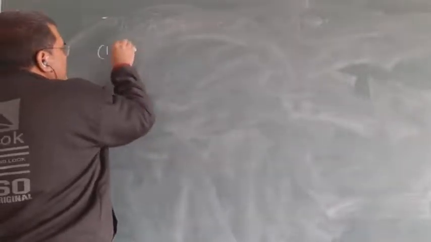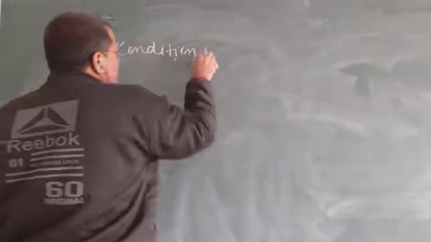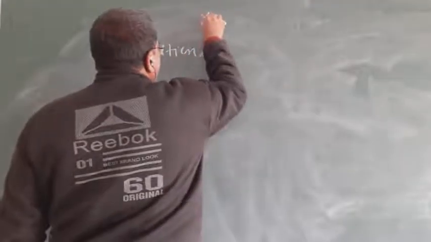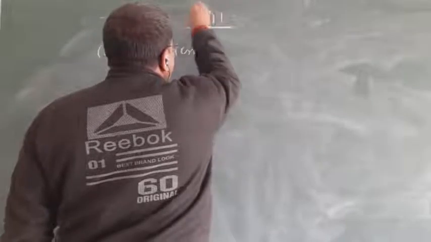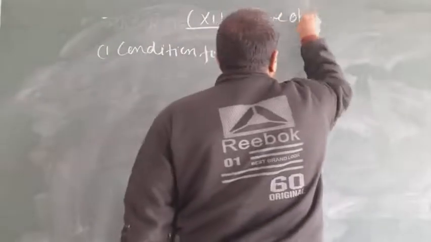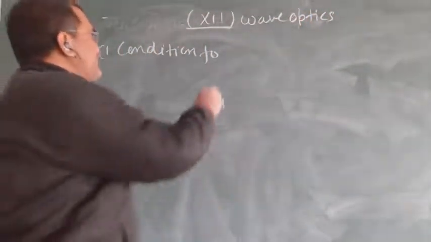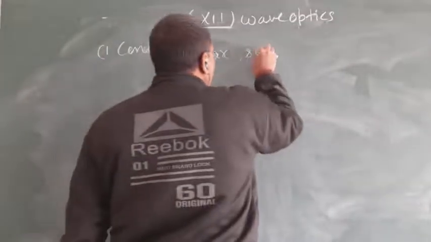Number 1, condition for sustained interference. This is for class 12 wave optics. So the first flow chart item is condition for sustained interference.